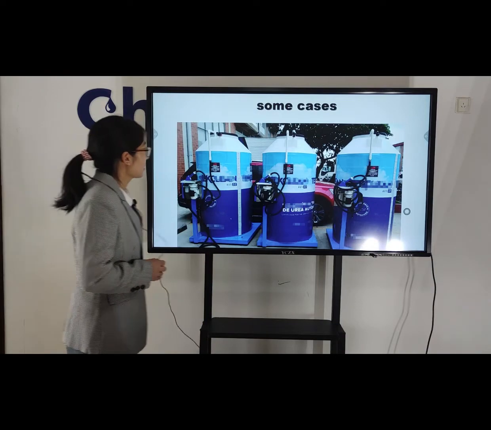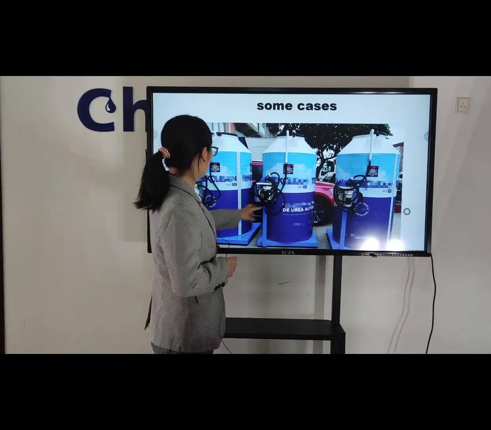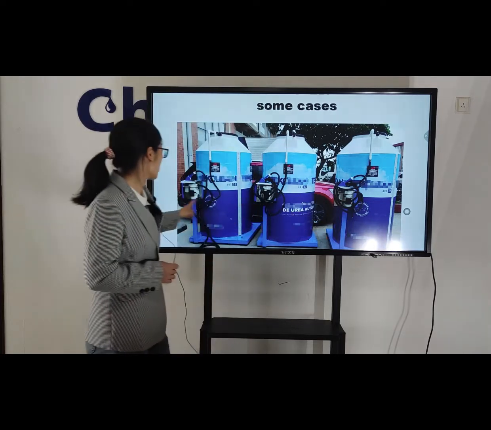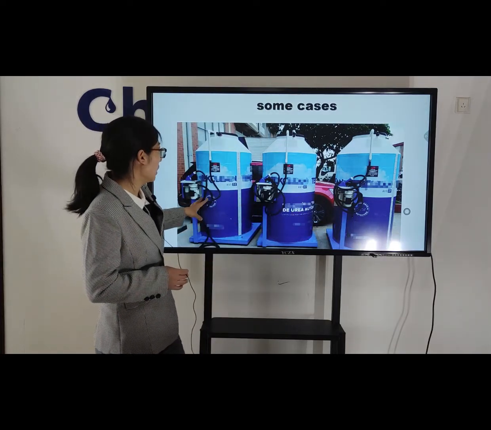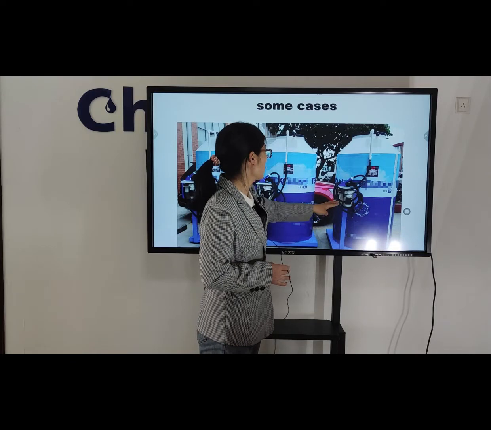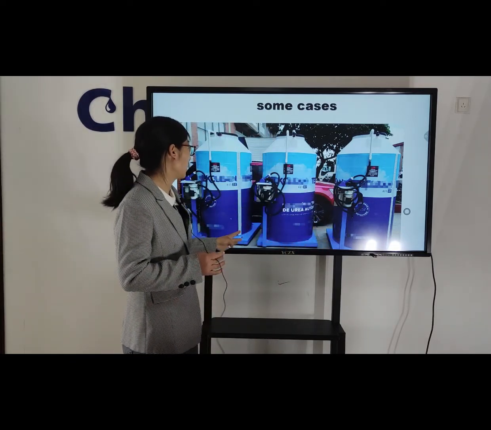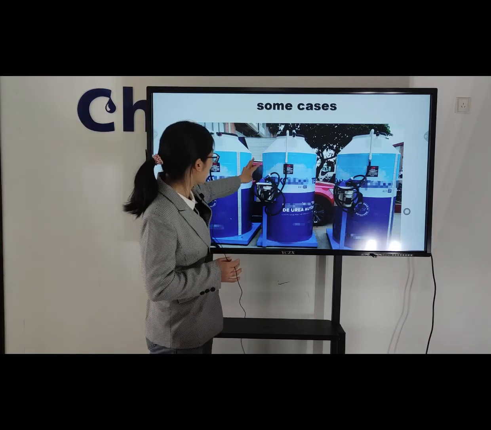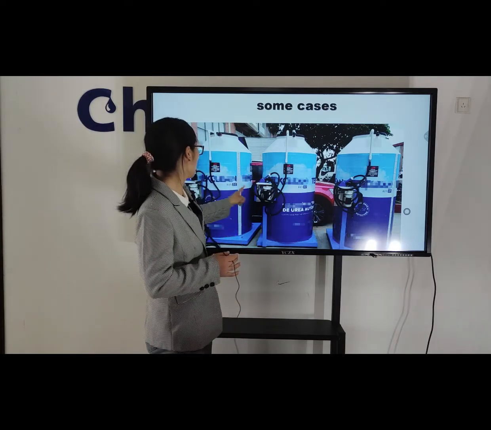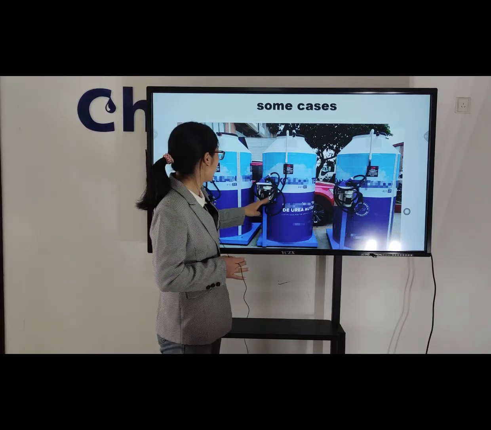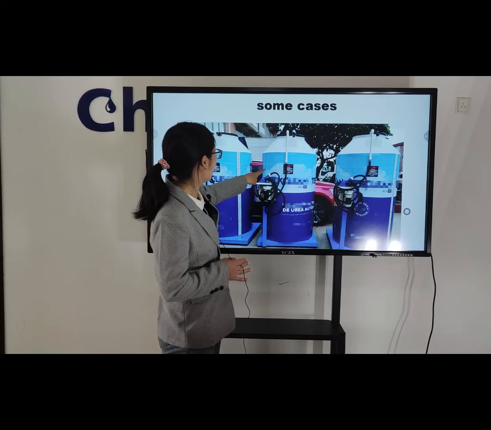Here are some cases. This pump kit is supplied by us, and our customer added it to this kind of drum. He needed to prepare such a drum, print the company information or stick it on the drum, and add our pump kit on it.